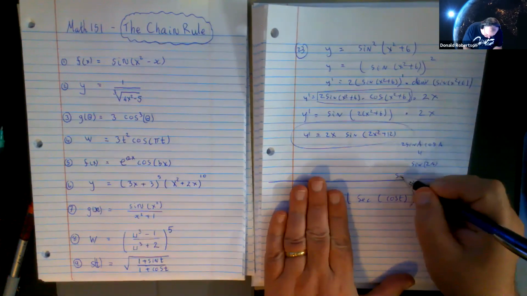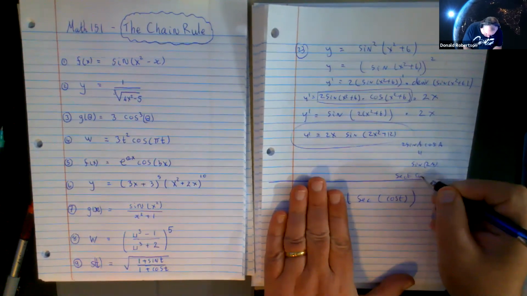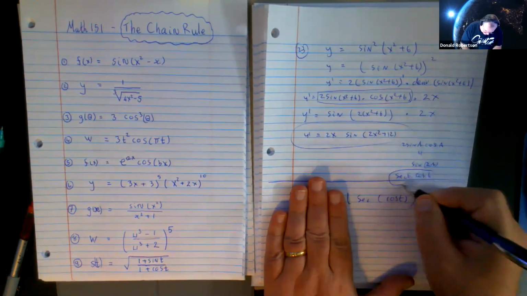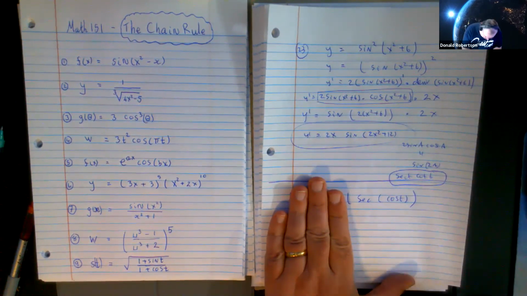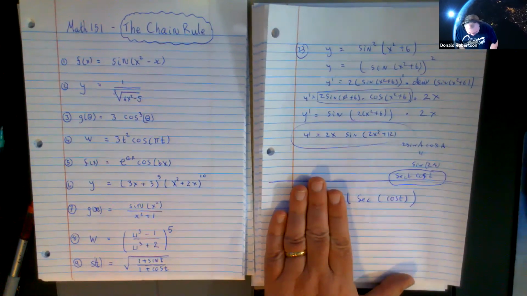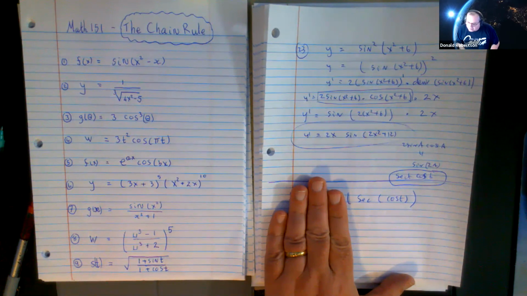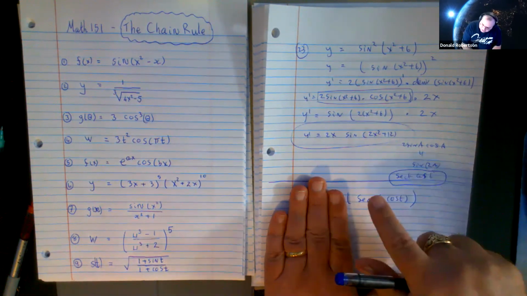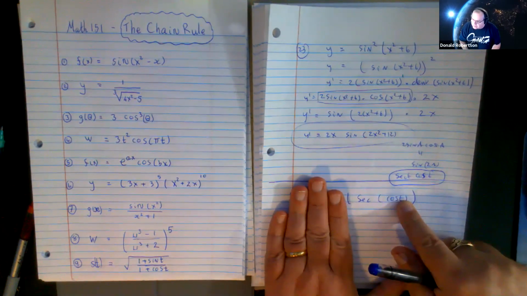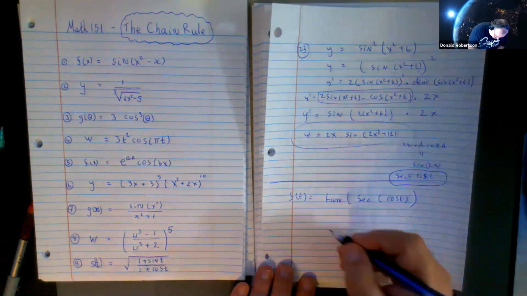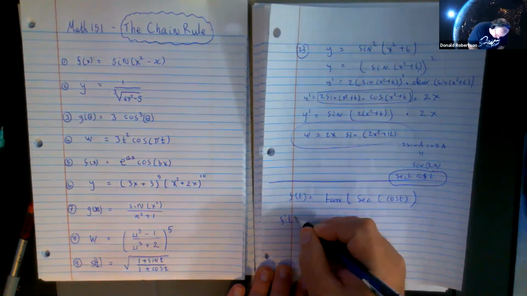If it had been secant t cos t, wouldn't that be a product rule? But it's not, it's a secant of a cosine of t, right? So that's quite different. So here goes.